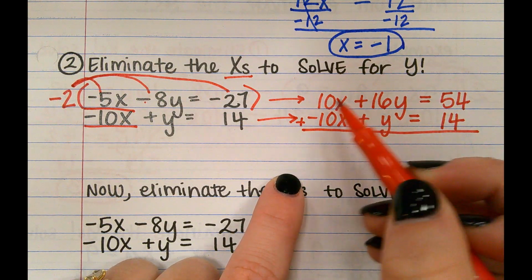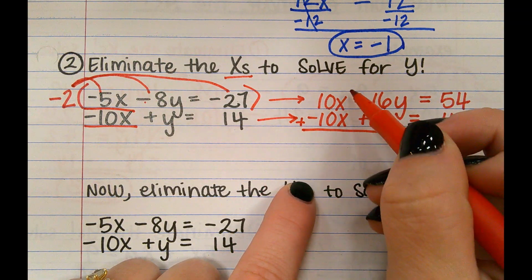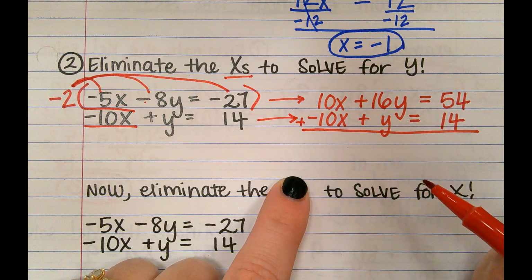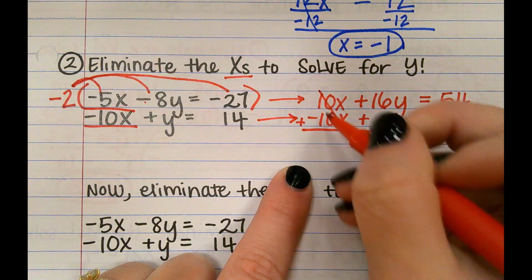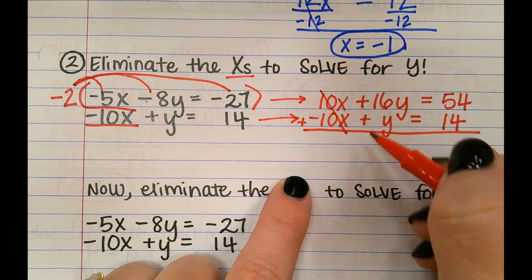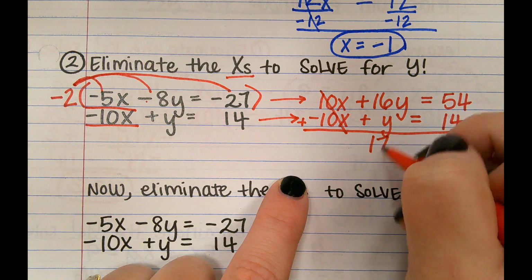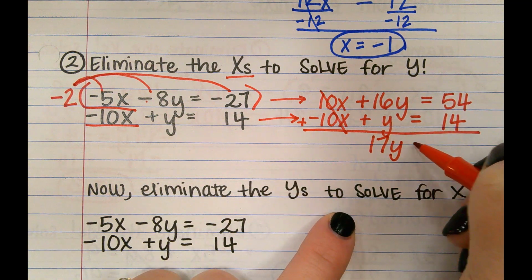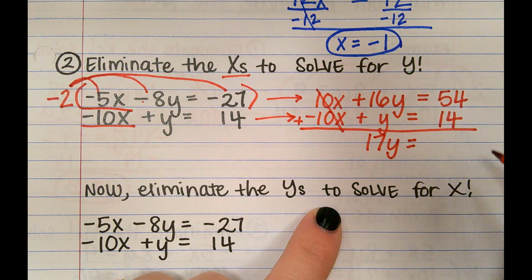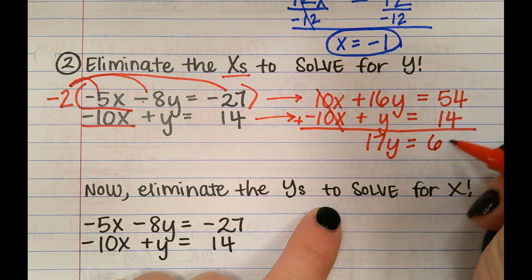Positive 10x plus negative 10x, they cancel out. Good. We eliminated the x's. Now we just add the rest. 16y plus y, 17y, equals 54 plus 14. What's that? 68. Good.